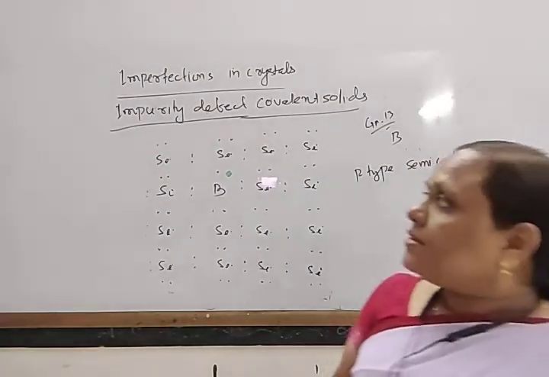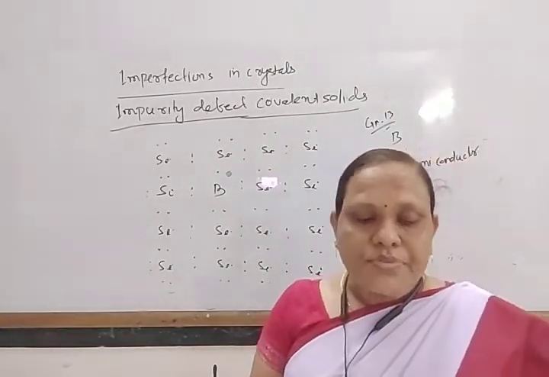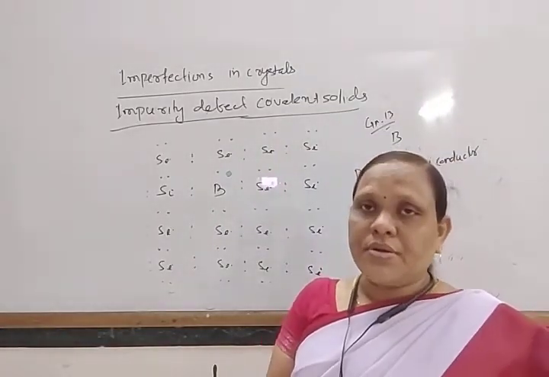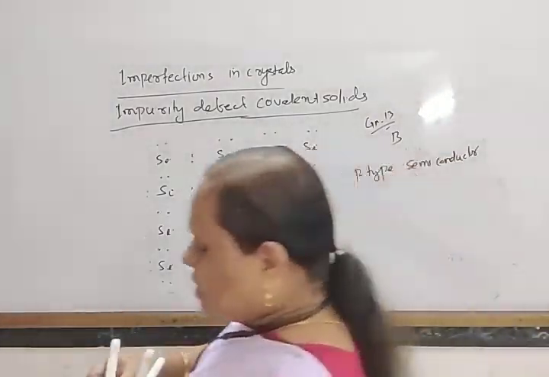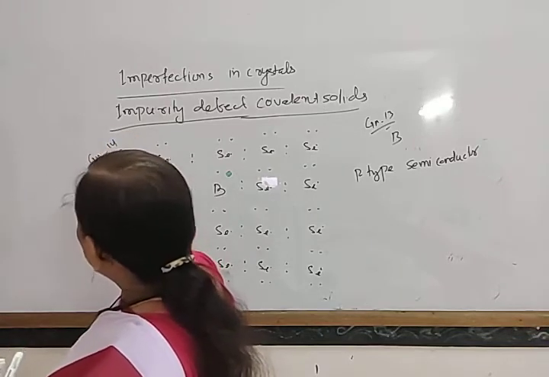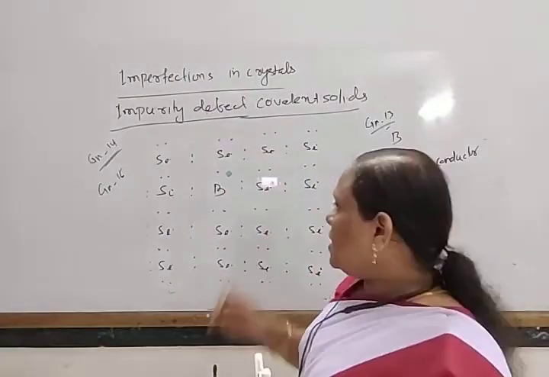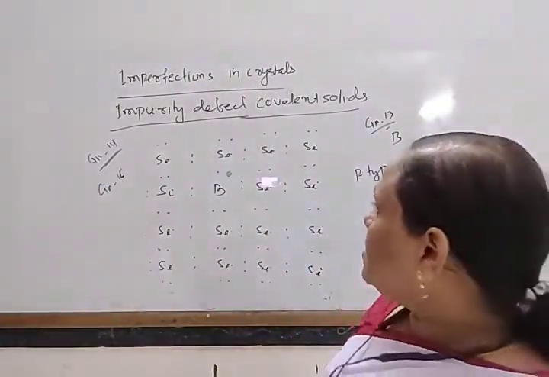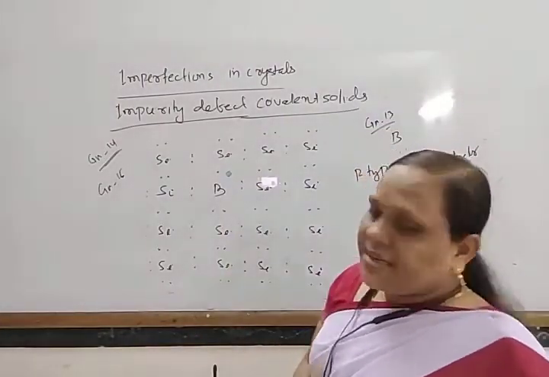Next we come to another type of doping, for which an n-type semiconductor is formed. When group 14 elements are doped with some group 15 elements, suppose in the silicon, some amount of arsenic is added.